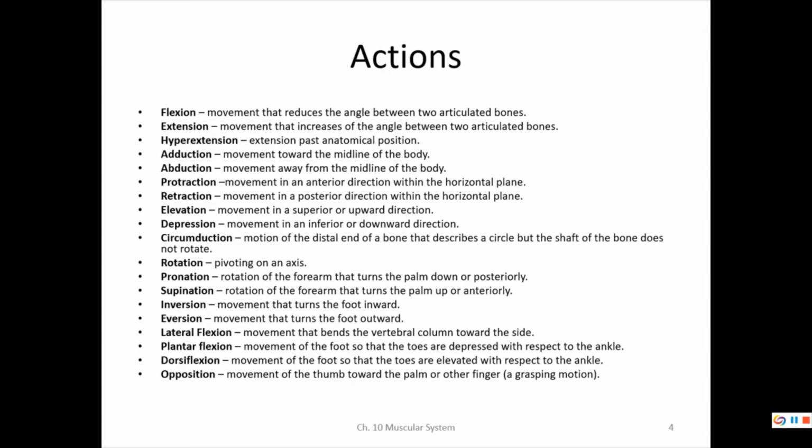Now, lateral flexion is specific to the vertebral column. This is like when you take your head from side to side. Like if somebody says, "I don't know," and they bob their head from shoulder to shoulder, or when you bend over, like a windmill stretch, where you take your arms over your head and then bend your vertebral column to the left or right side, stretching your lower back.